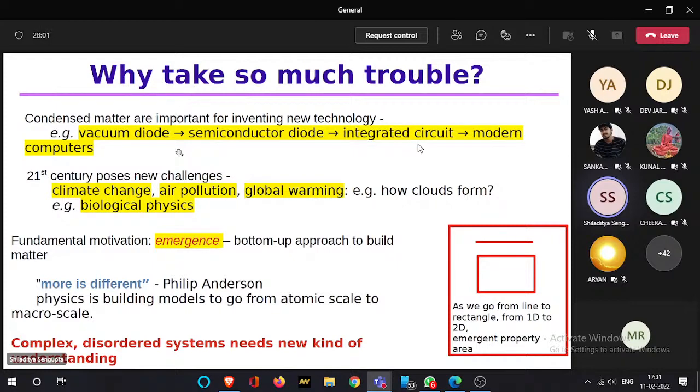So when you change the technology, they become much smaller, and when you scale it up, it becomes an IC chip, and that application comes to the computer. So all of these things come from condensed matter physics.